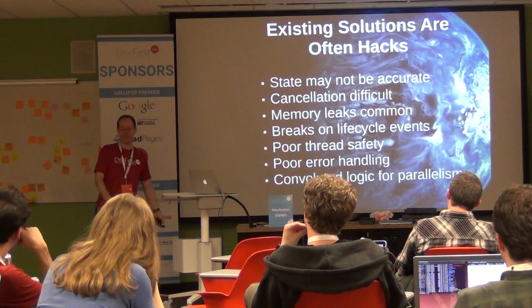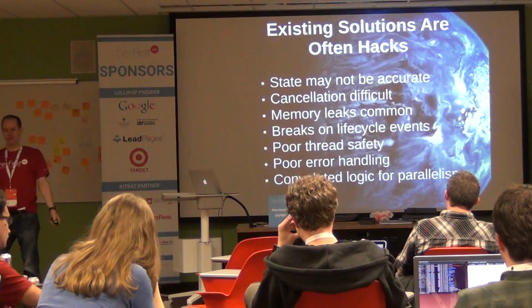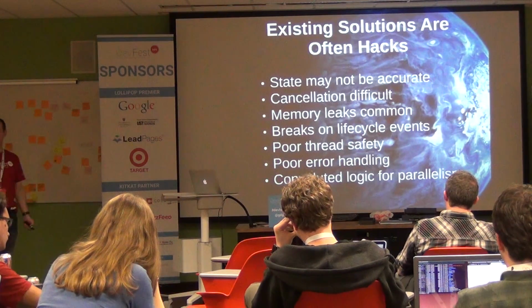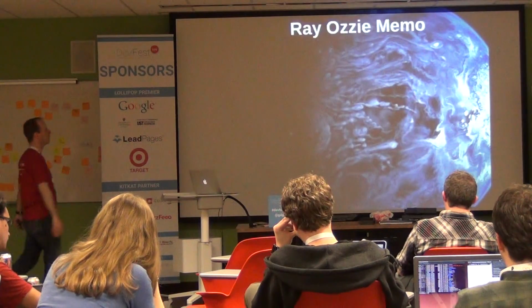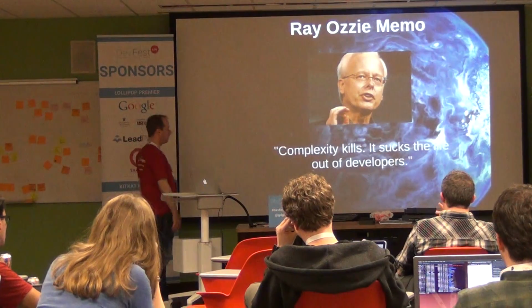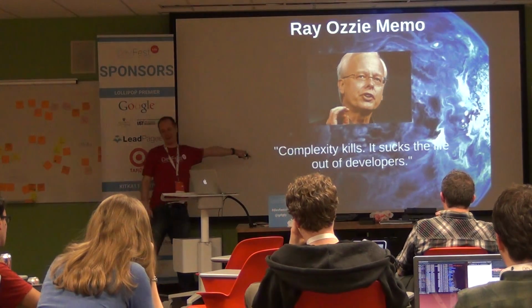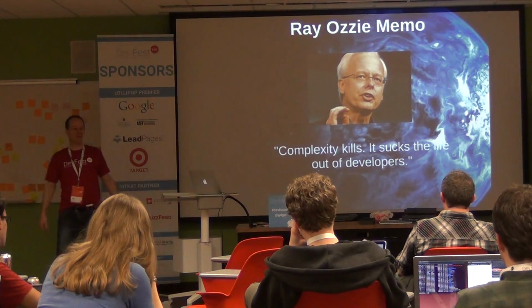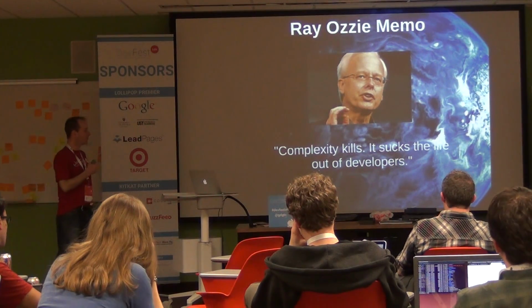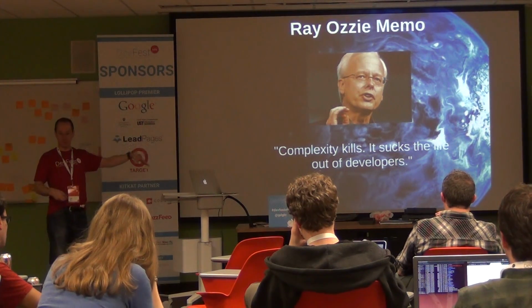All these things are bad, and there are things you have to deal with that can be done better with reactive programming. As Ray Ozzie said, complexity kills. He wrote this memo back in 2007, saying that complexity sucks the life out of developers.